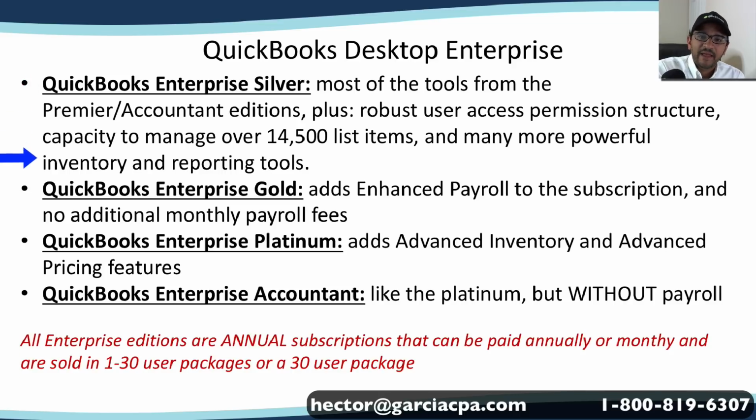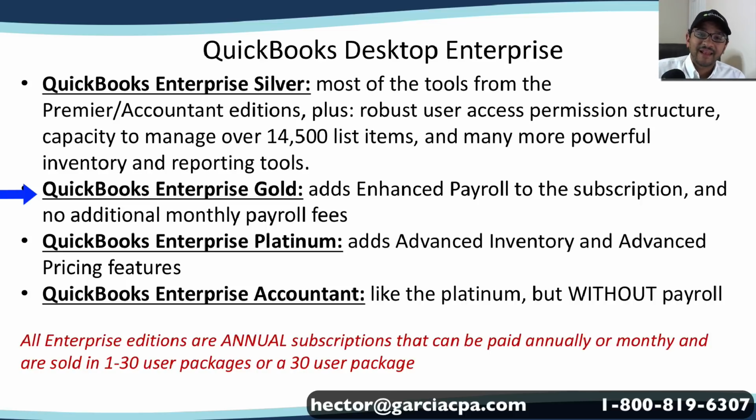Now, QuickBooks Enterprise Gold, which is the next version after Silver, is pretty much the same thing as Silver, but it includes the enhanced payroll subscription as part of the annual subscription. And it's actually, for the most part, a lot less than buying the payroll subscription separately, because it's a one-time annual fee and it doesn't really change based on the number of employees.